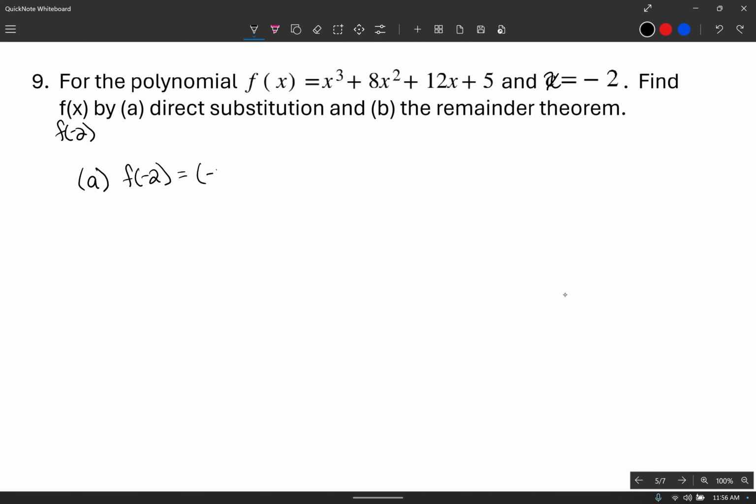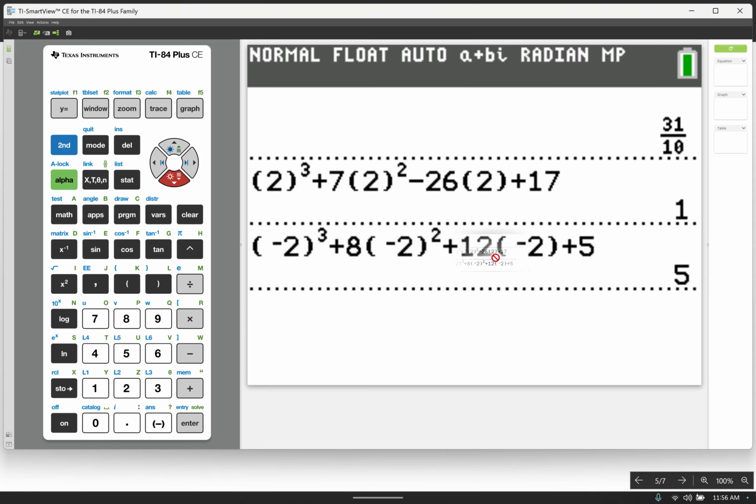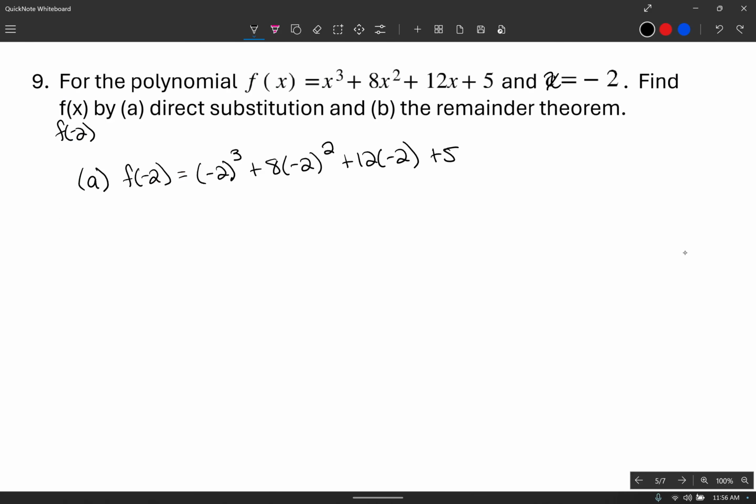So I have negative 2 to the third plus 8 times negative 2 squared plus 12 times negative 2 plus 5. Now if I plug that in, you can see I've plugged it in here. I'm going to get 5. That tells me that the remainder I'm going to get when I do the remainder theorem is going to be 5.